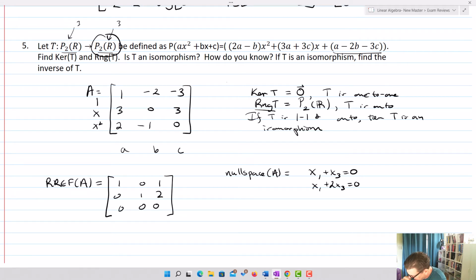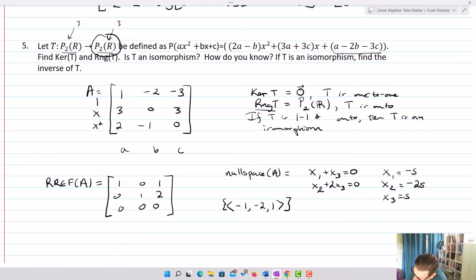So x3 is going to be free, so we let x3 equal s, so x1 is going to equal negative s, x2 is going to equal negative 2s. So the basis for my null space is going to be negative 1, negative 2, 1.